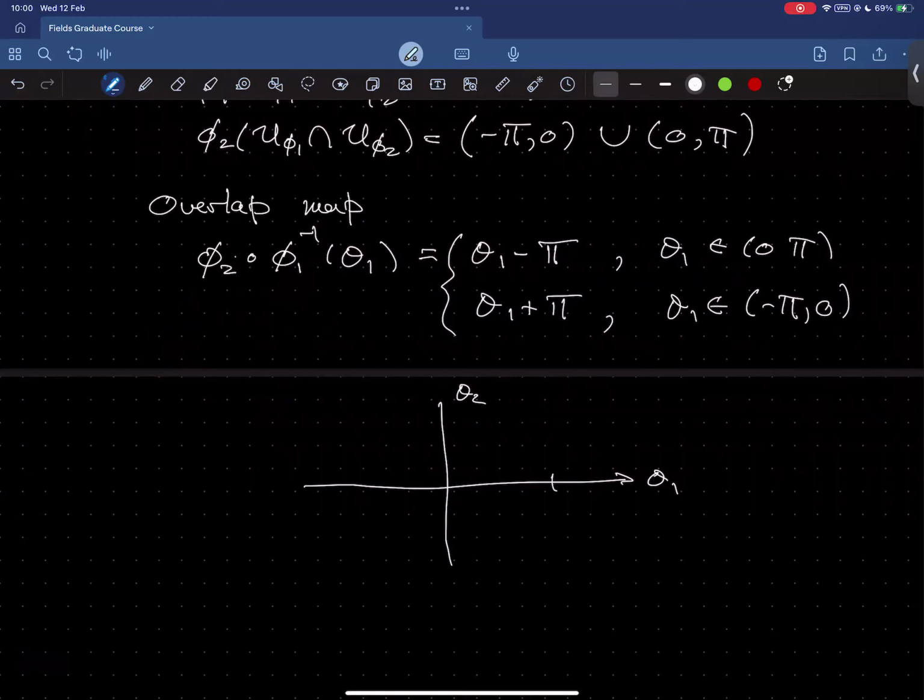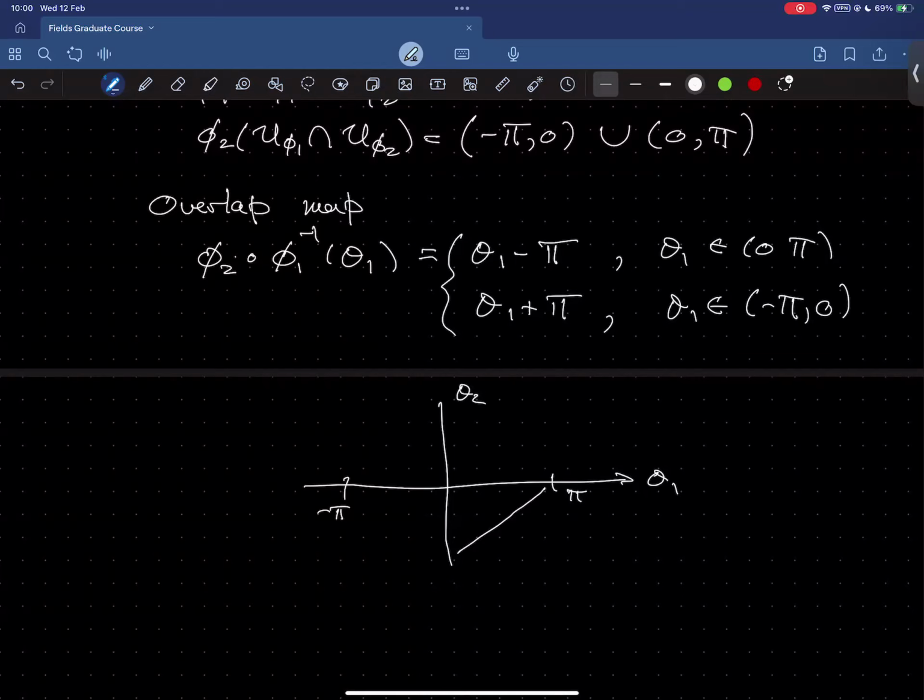Here's pi, here's minus pi. So when theta is from 0 to pi, the graph looks like this.